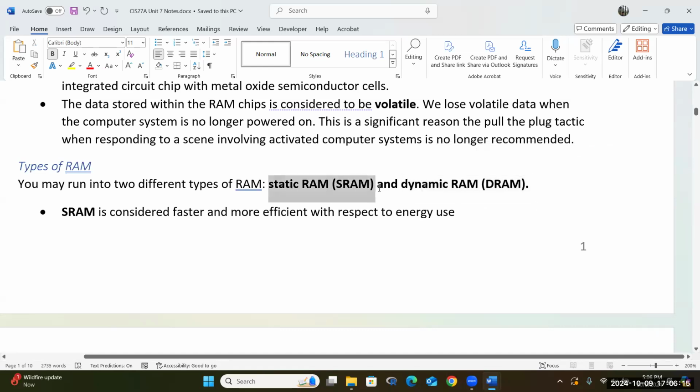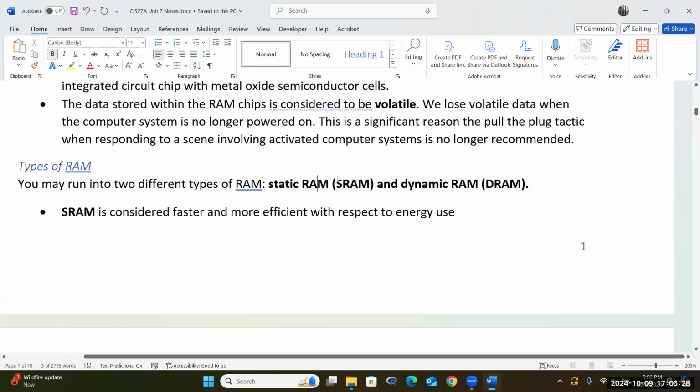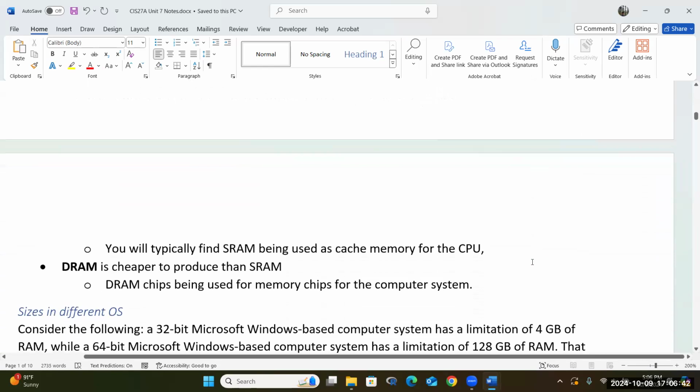Now, static RAM is often used for more internal storage, like in processors. It's a little bit more expensive, and it's used in the cache mechanism for a lot of different types of processors. Static RAM is not as popular. So when you upgrade your RAM on your computer, that is dynamic RAM, but it is synchronous. So we have SRAM, DRAM, and SDRAM.